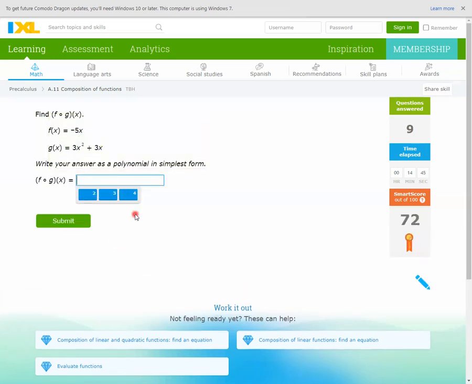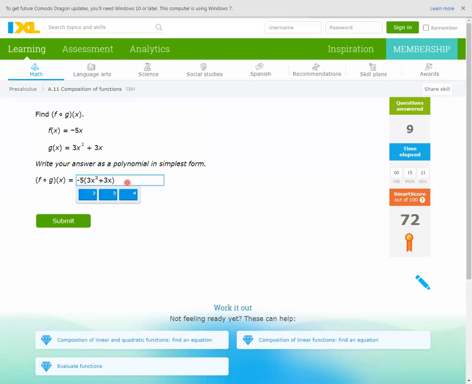Okay, this is the last problem. Taking negative 5x first. First step is negative 5x. Second step, replacing x by g. Third step, replacing g by its rule. What's the rule of g? It is written here, 3x power 2 plus 3x. That's it.